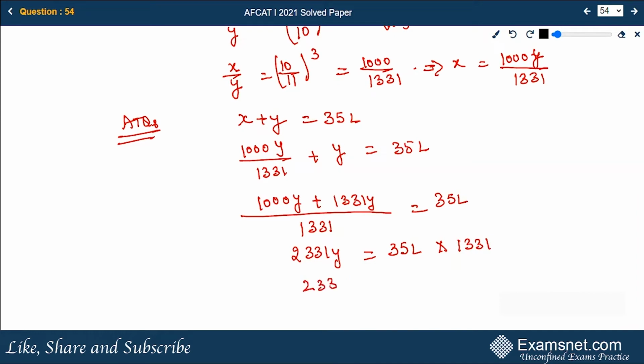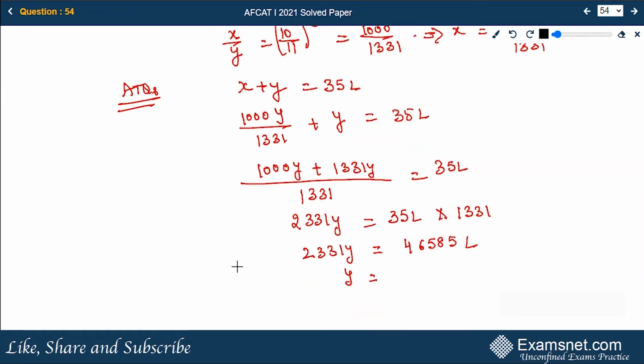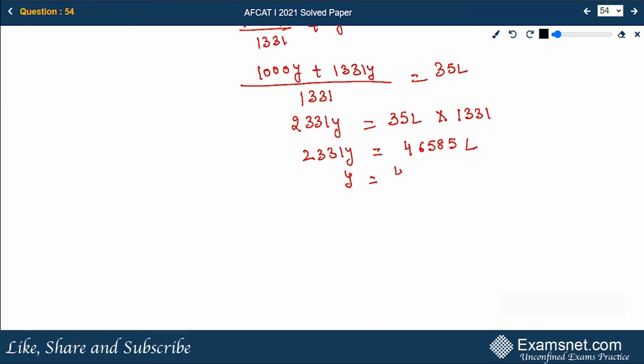So this becomes 46,585 lakh. y is equal to 46,585 lakh divided by 2331, which gives you 19.985 lakh, which is very much equal to 20 lakh.